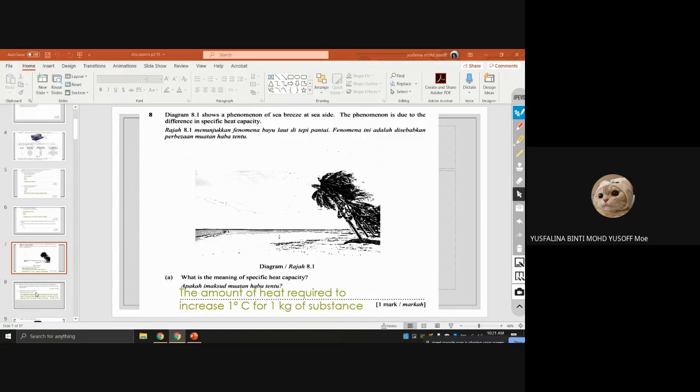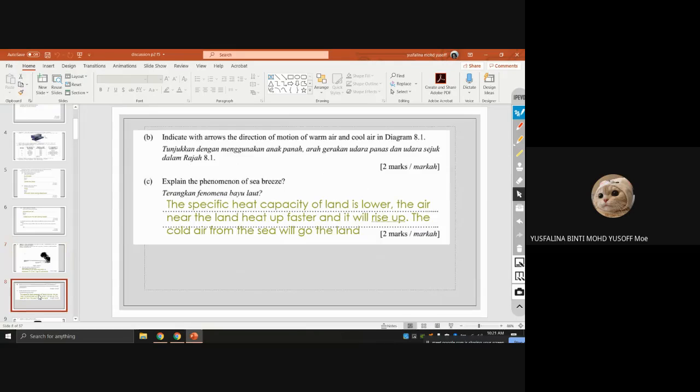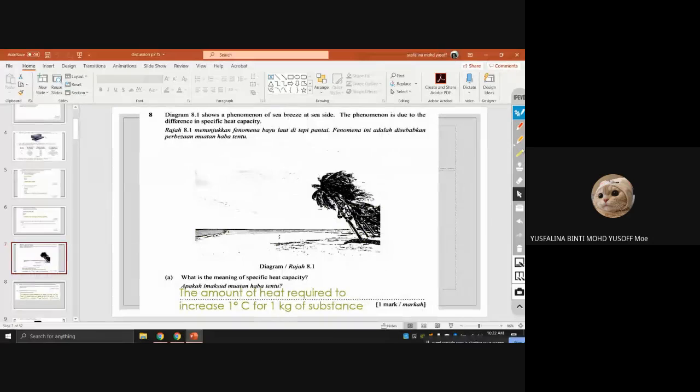Next, indicate with arrows the direction of motion of warm air and cool air in diagram 8.1. Because the land has a low specific heat capacity, it will heat up faster compared to the sea. So the hot air has a low density, and the hot air will go upward.